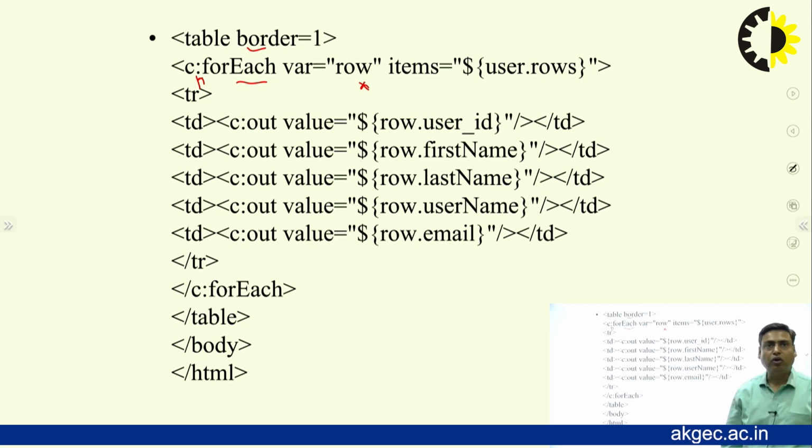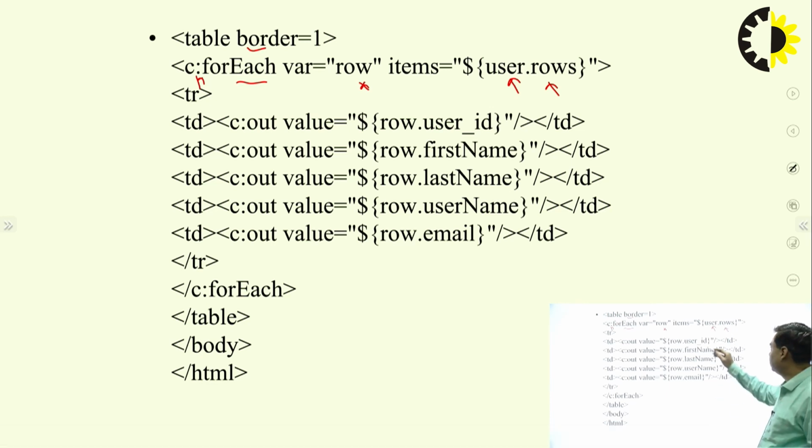Now we know all the records we have taken as a result of the query are stored in this object user. So we need to find out how many rows are in this object, and that will be stored in a variable items. Again you can see we are using the JSP expression. It is very easy to use the JSP expression.